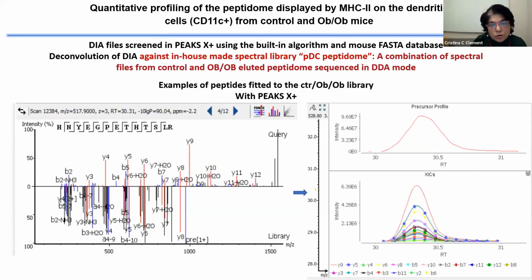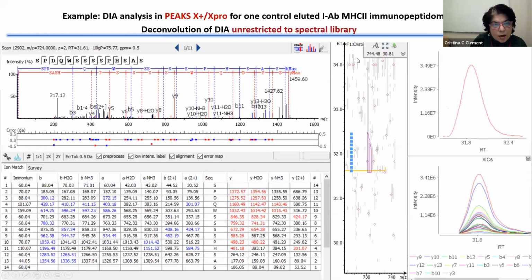We have here shown that we are able to fit the spectral library we generated from our own proteome and peptidome from the control mice and OB mice. And the data proved that PEAKS was a reliable method to assign both the proteome and the immunopeptidome in this type of dendritic cell.